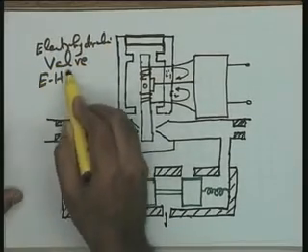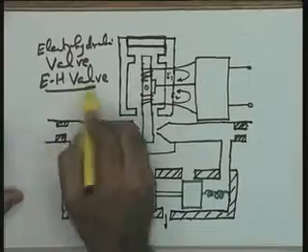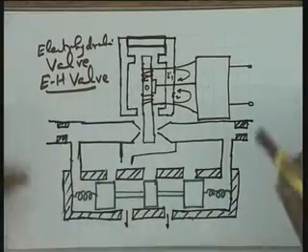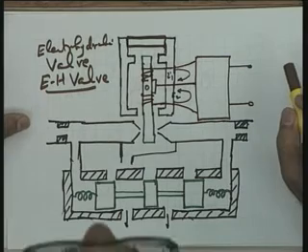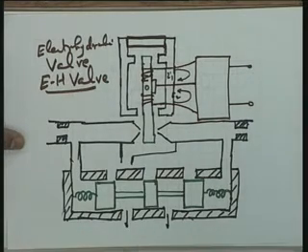EH valve in short. The purpose should be clear: a suitable interface between an electronic or digital controller and the load, that is the actuator, which is necessarily required to be hydraulic because of the power requirement.